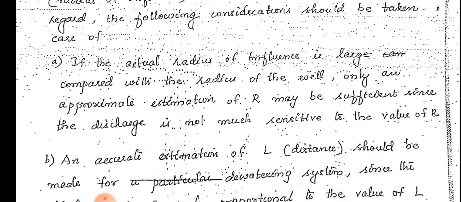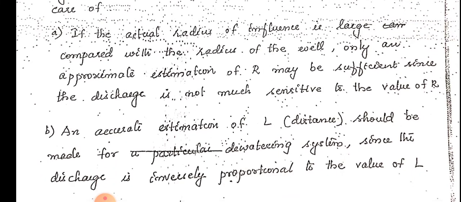If the actual radius of influence is very large, that is, if the stream or well or aquifer is present at a larger distance from the site compared with the radius of the well, only an approximate estimation of the radius may be sufficient, since the discharge is not much sensitive to the value of R.